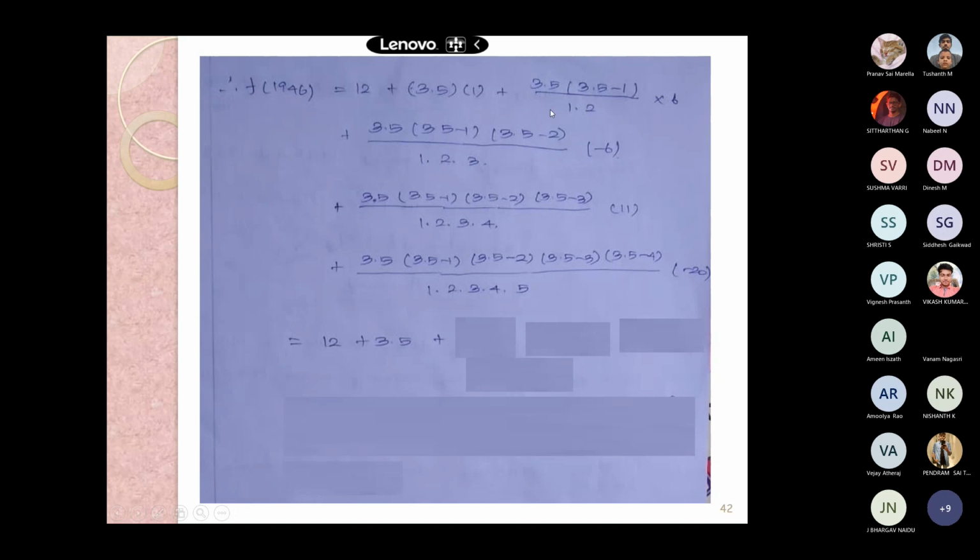Pranav, what is the value of the third term? For me, you calculate the fourth term, and Pranav, the term related to the coefficient 11, and Anshu, the coefficient of minus 20. Siddharthan, the coefficient for 6. Yes, come up with the coefficients.